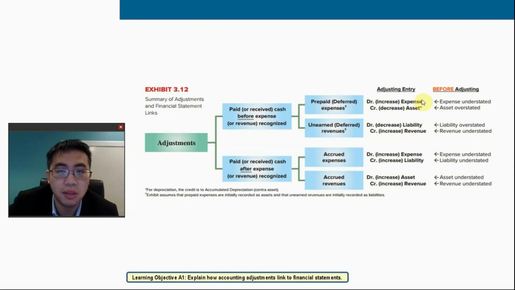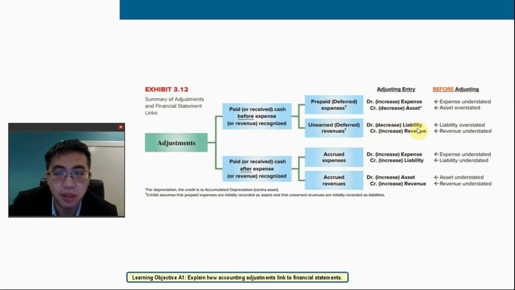So that basically means before this expense increase, the current expense level, which is before adjusting, is lower. So that is understated expense. And for the assets, before the adjustment, the assets level is higher than after adjustment. So the assets is overstated before adjusting.